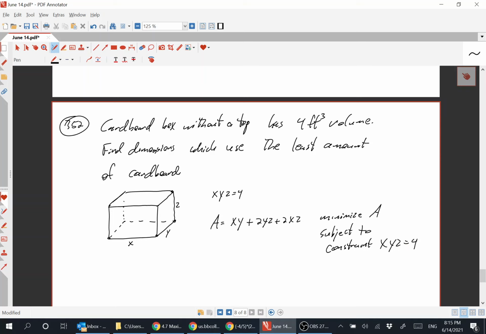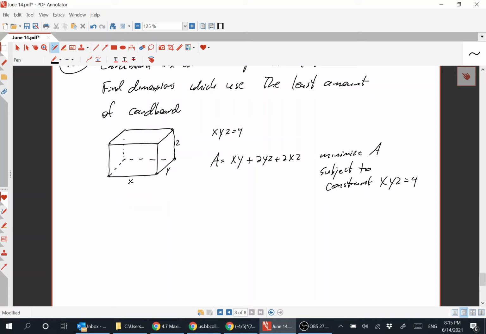So what you can do is use the constraint to reduce the number of variables, right? We know how to deal with finding maximums and minimums with 2 variable functions. So reducing this to a 2 variable function using that constraint is helpful for us. In this constraint, we've got x times y times z is 4, so z is equal to 4 over xy.